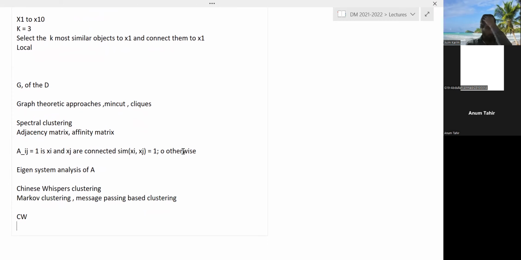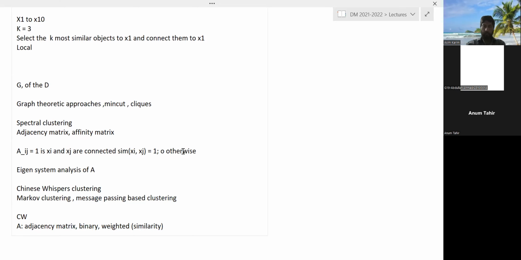Okay. So what is the idea? You have A, which is the adjacency matrix. This adjacency matrix can be binary, meaning 0 and 1. It can also be weighted with similarity, meaning that A then becomes an affinity matrix.